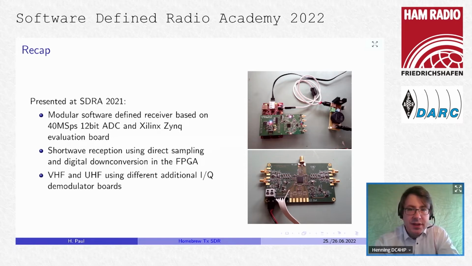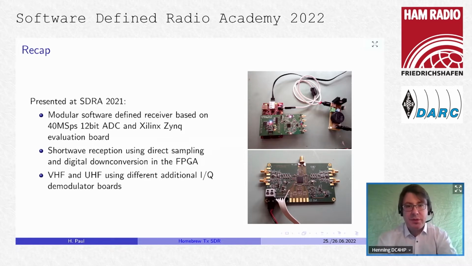And due to the fact that it has two ADCs, or a two-channel ADC, in direct sampling mode, you can simultaneously digitize two receive signals and therefore exploit some MIMO technologies, multiple antenna stuff, and pull some gains from that. This is what I presented last year with an example reception of a continuous wave signal in the 40-meter band.